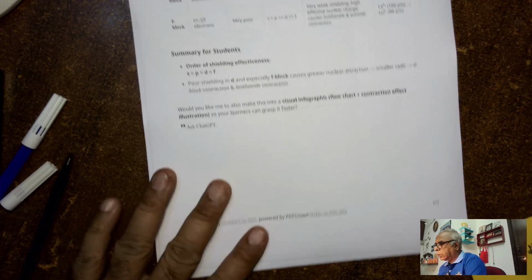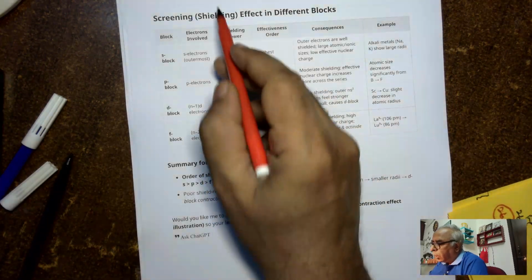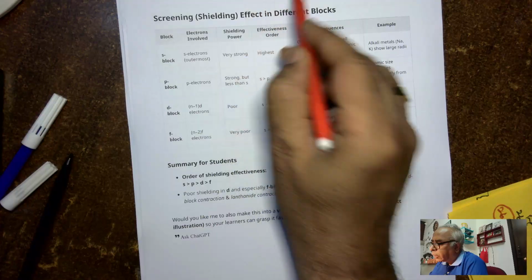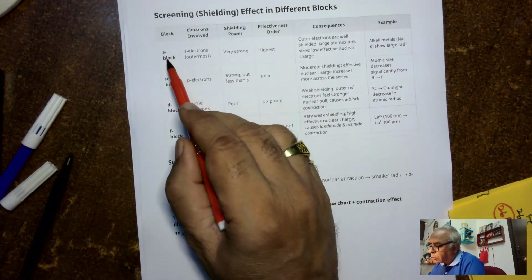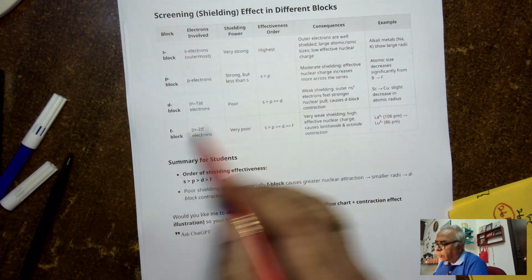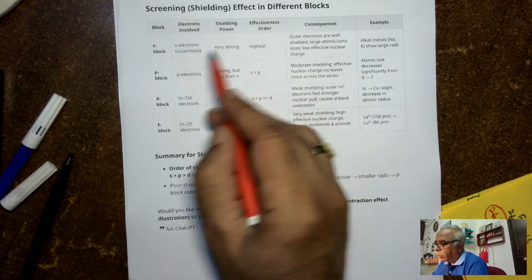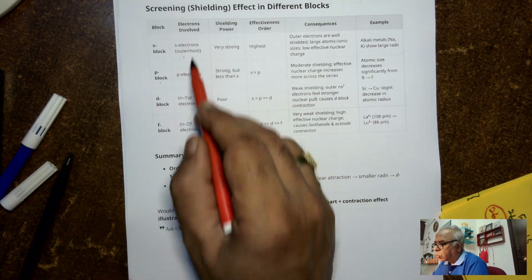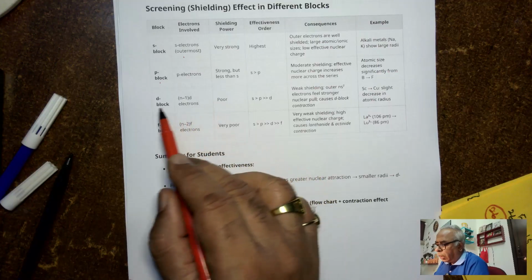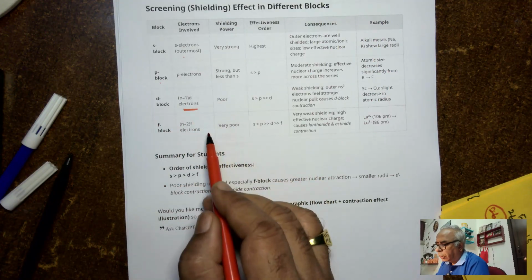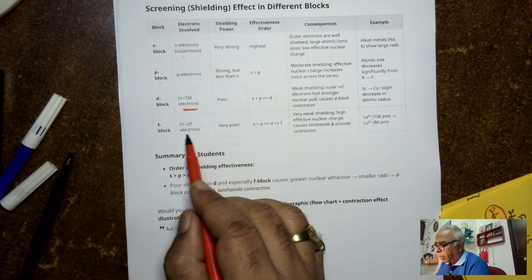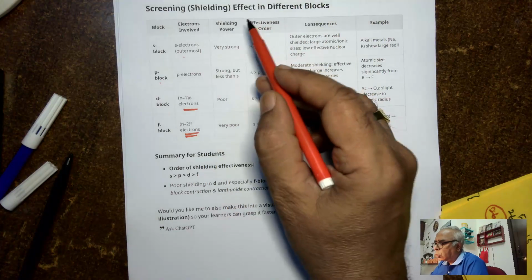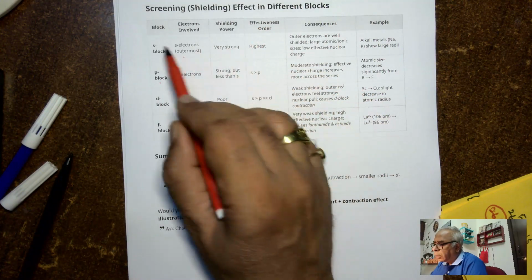Now let us look at the table here. Here is a comparative table regarding the screening effect: s block, p block, d block, f block. Electrons involved: in s block, s electrons are outermost; p electrons are the outermost electrons in p block; (n minus 1) d electrons in d block; and (n minus 2) f electrons in f block. So the shielding effect is very strong in the case of s.